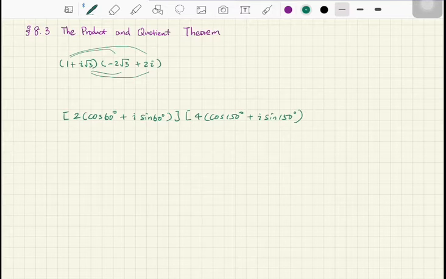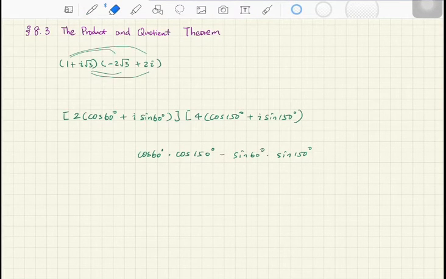However, when we start multiplying them, we are going to end up in situations where we have to multiply cosine of 60 times cosine of 150 minus sine of 60 times sine of 150 and similar things like those. It is doable, however, it just makes the process a little bit longer.